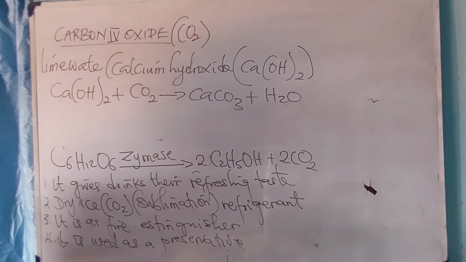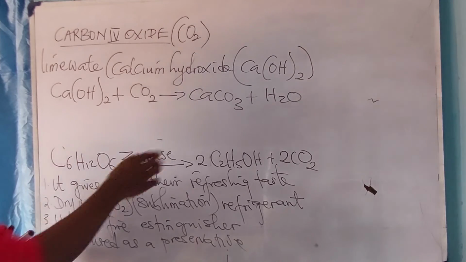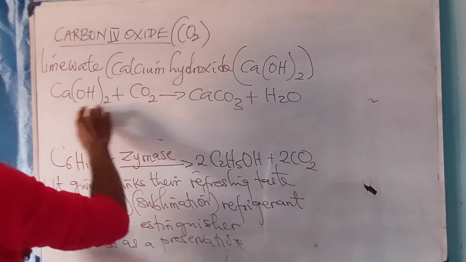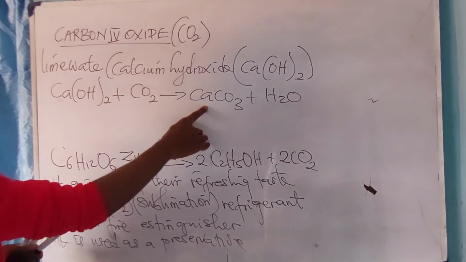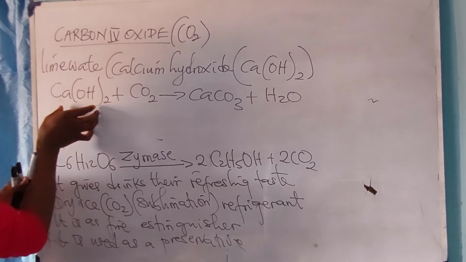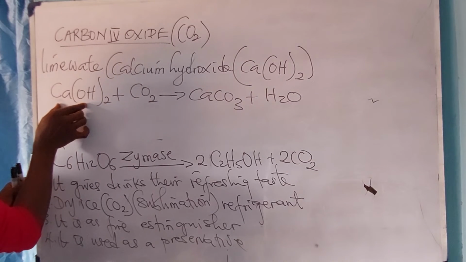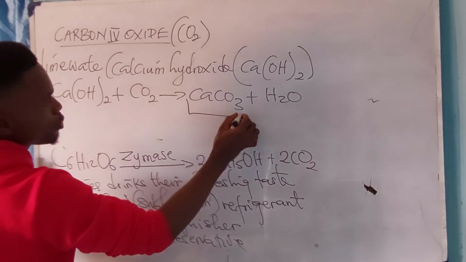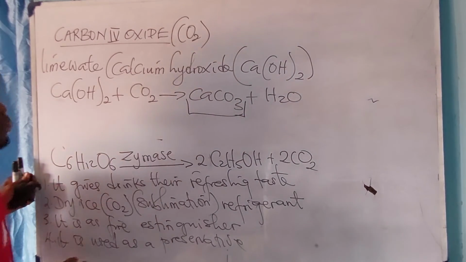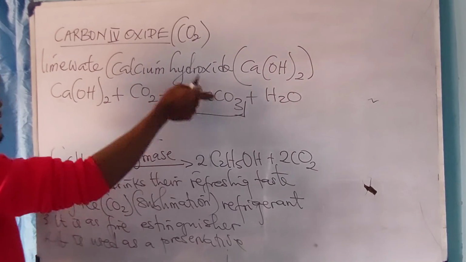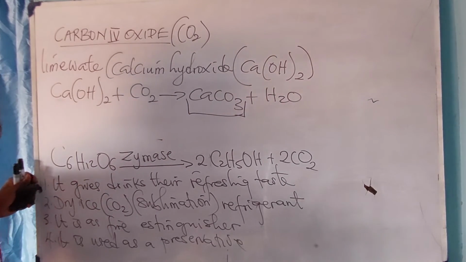Let's see if the equation is balanced: 4 oxygen, 2 hydrogen, 1 calcium, 1 calcium. So it is balanced. When carbon 4 oxide is bubbled through this lime water, it leads to the deposition of an insoluble carbonate. It is because of the deposition of this carbonate that it turns milky.